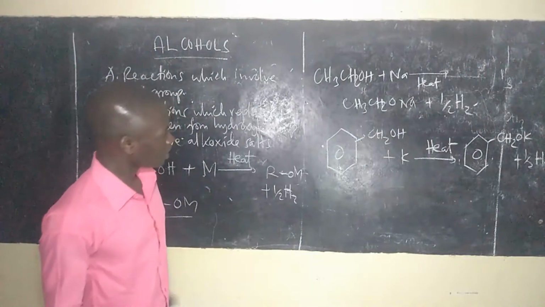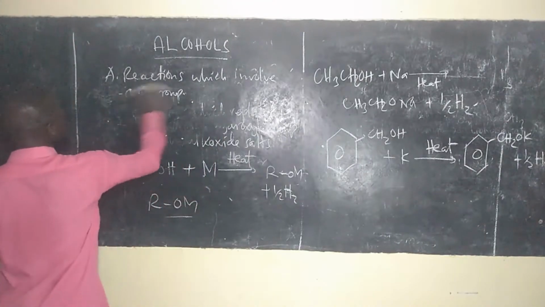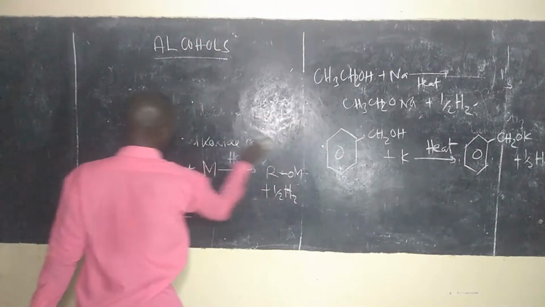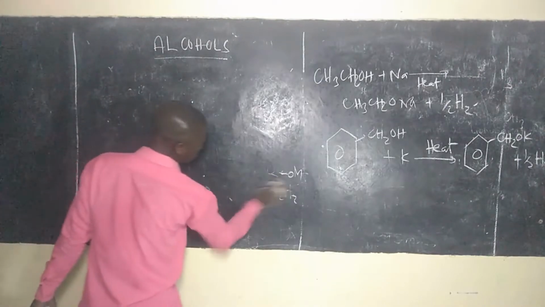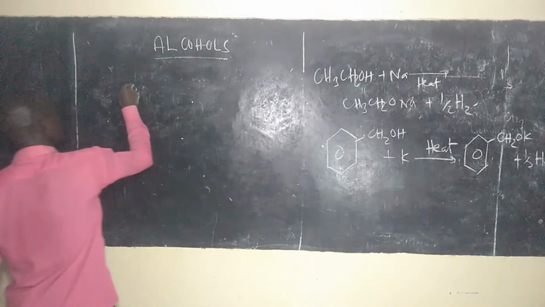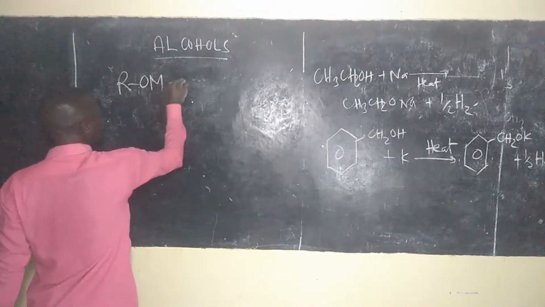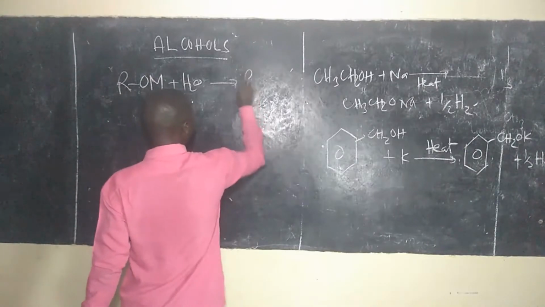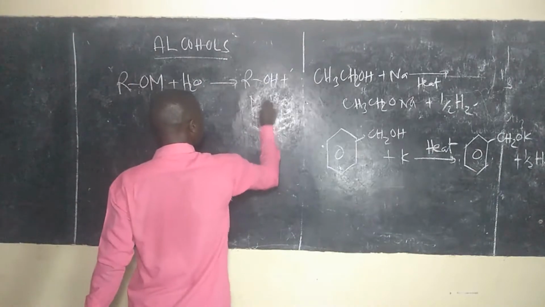So kama tukimchukua alkoxide salt ambayo imekuwa formed, let's say ni ROM, tukamhydrolyze na water, tutapata ROH plus MOH.